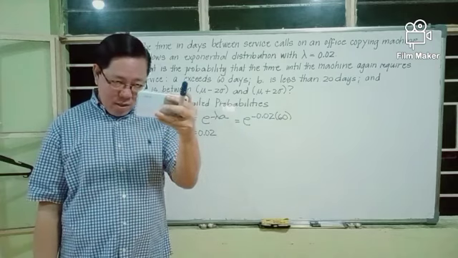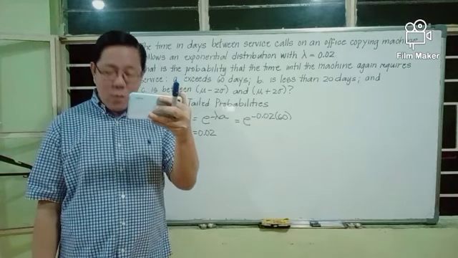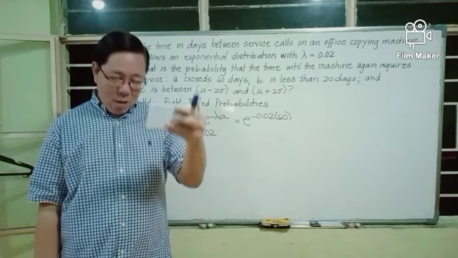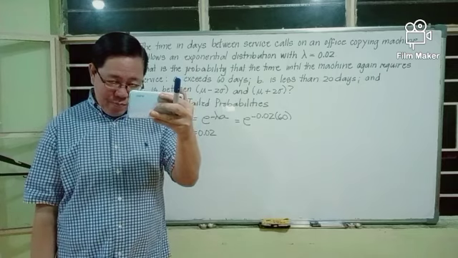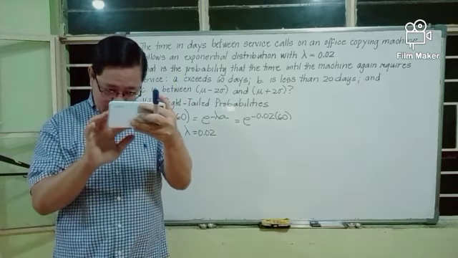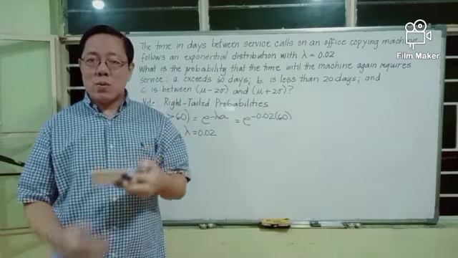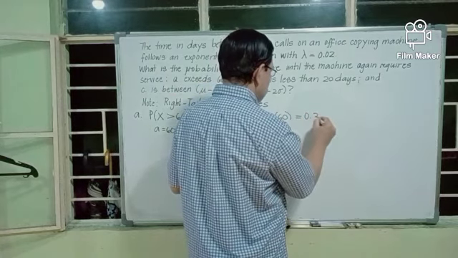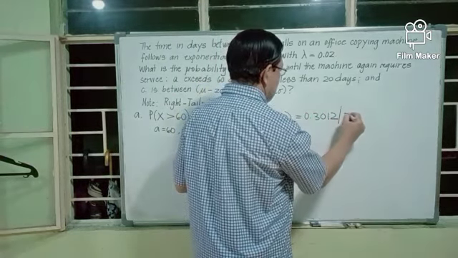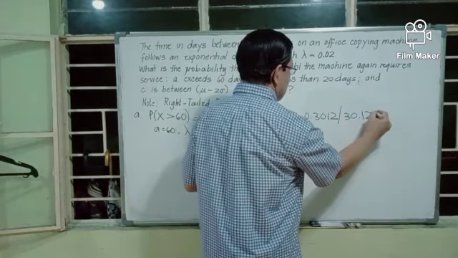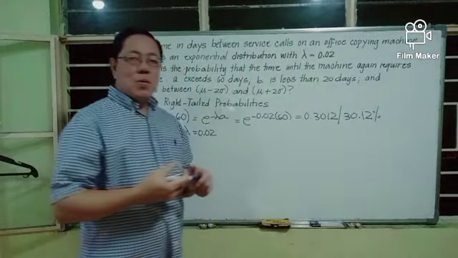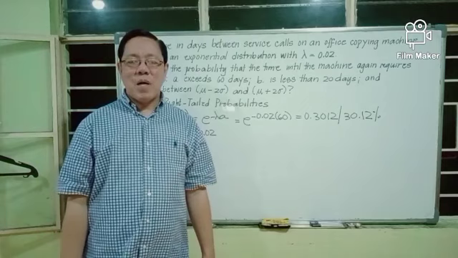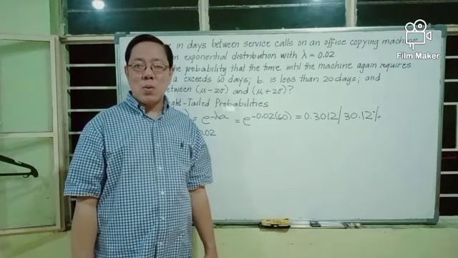We take four decimal places so that when we multiply by 100%, our answer is to two decimal places.